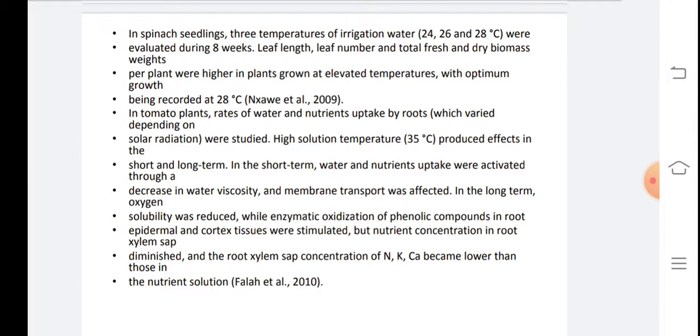In the tomato plant, the rate of water and nutrient uptake by roots changes. Then solar radiation and temperature at 35 degrees Celsius. So short day and long day plants are like this. It is to be studied for short and long term water and nutrient conditions.